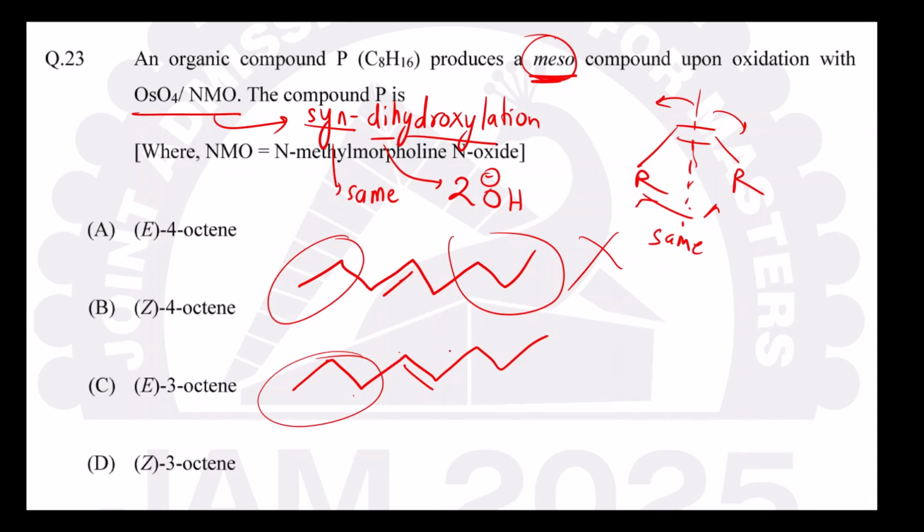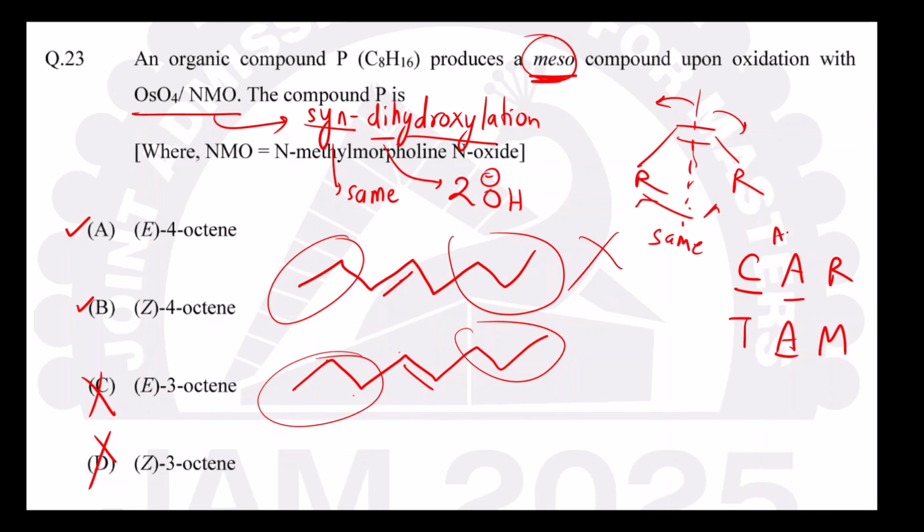Here there is a propyl group and here also there is a propyl group, right? So this can form. So either the correct answer can be A or B. C and D are incorrect. Now between A and B, how do you identify? There is one mnemonic that you can remember: CAR TAM. A stands for anti-addition.